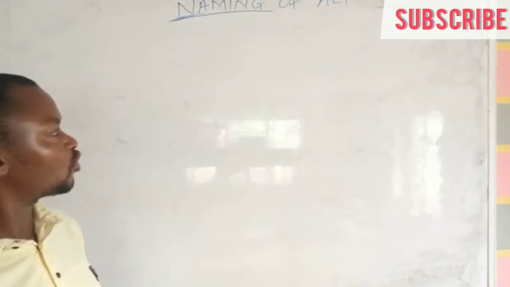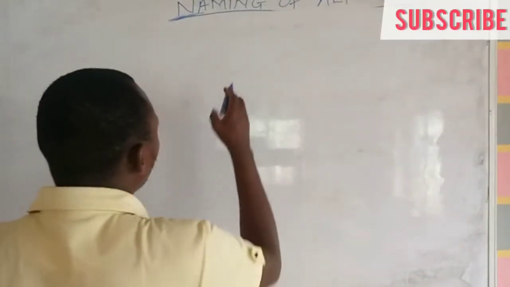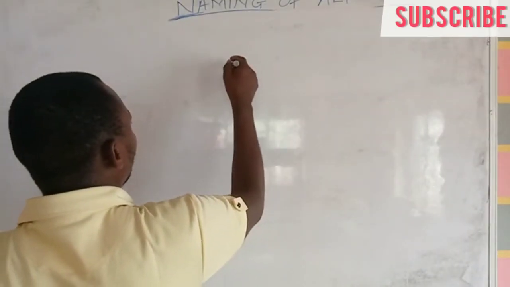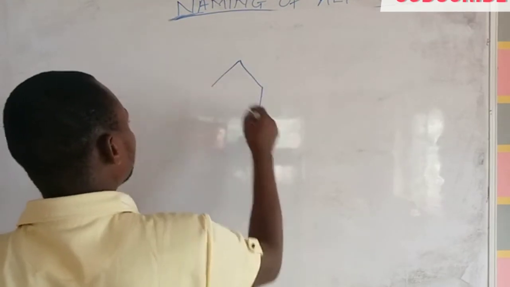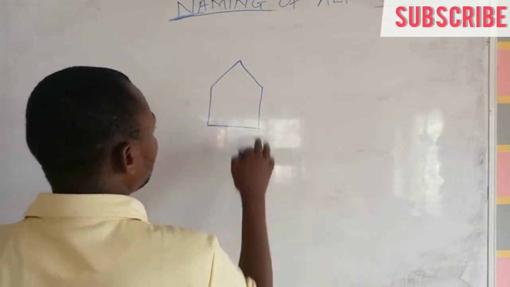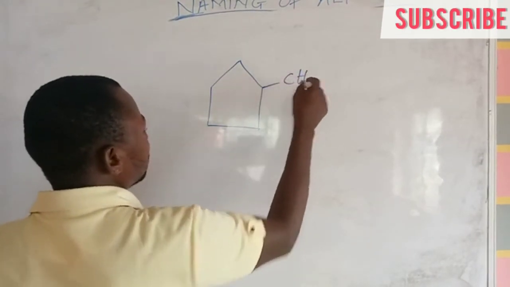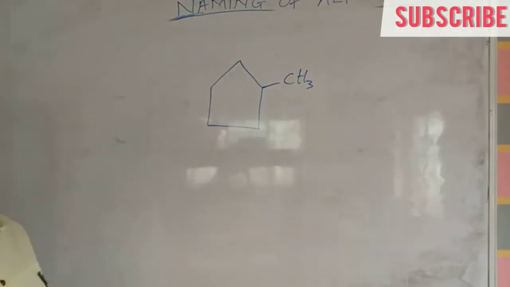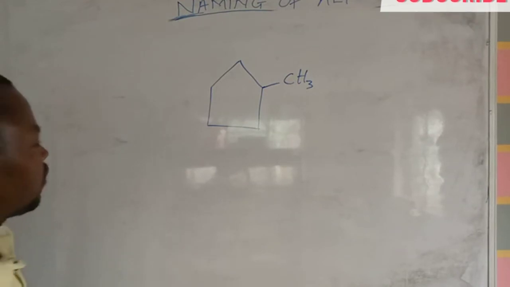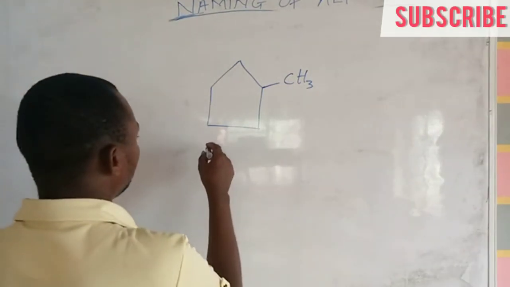Numbering is not necessary. For example, look at this. I have only CH3, so numbering is not necessary.